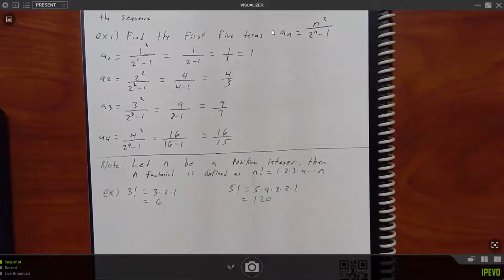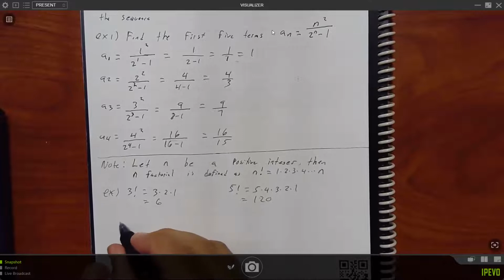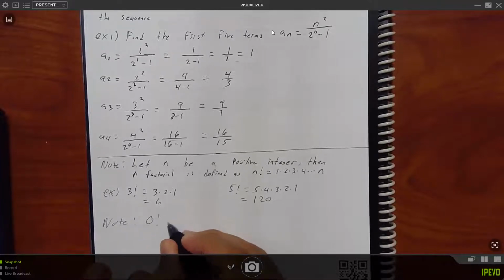Yeah. That's what factorial means. You should have seen it in college algebra, but sometimes you don't. But that's all you need to know. One extra thing is note 0 factorial will always be 1. It's a definition.